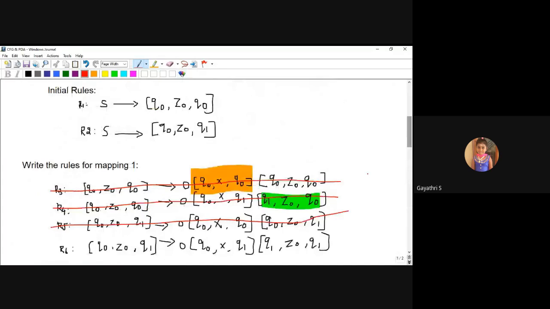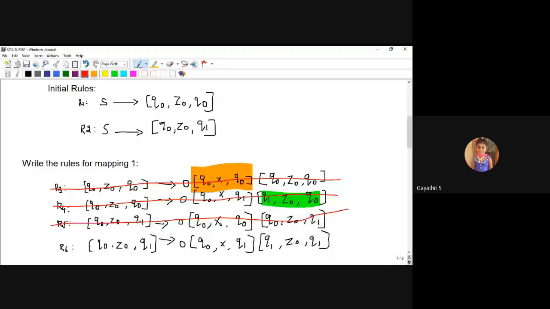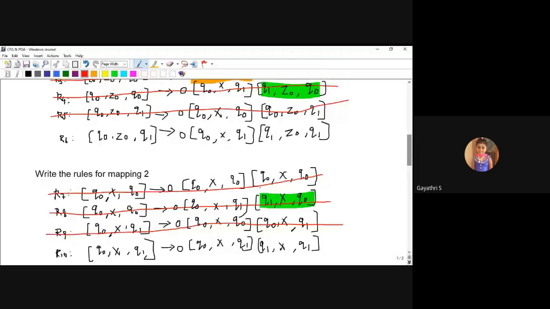So the first production I have removed is Q1 to Q1, because there is no left hand side production to replace these productions, Q1 to Q0 and also Q1 x Q0. Wherever these productions appear, I have eliminated that row.